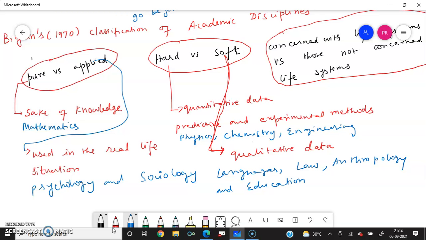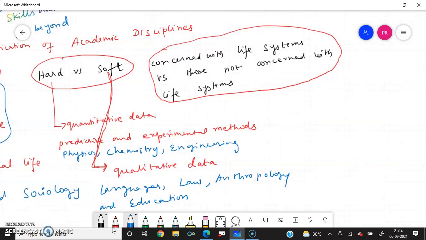Now we go to concern with life systems. If you talk about concern with life systems, like biology and psychology, these talk about the life system.